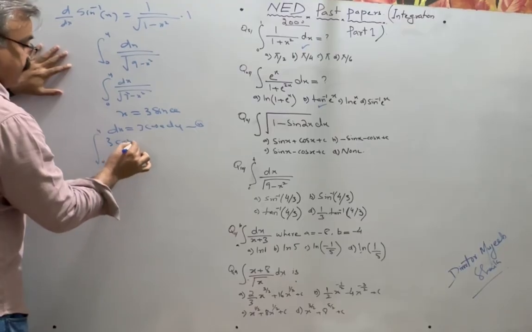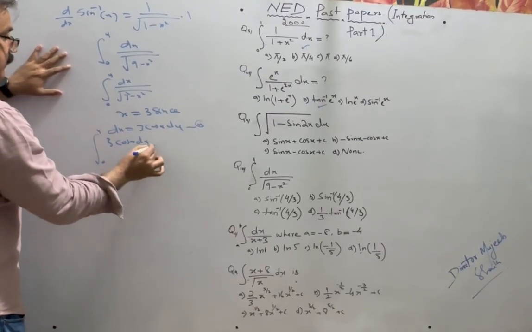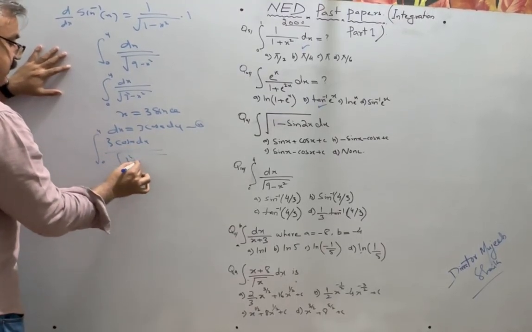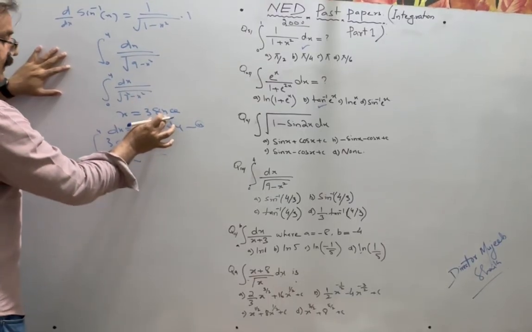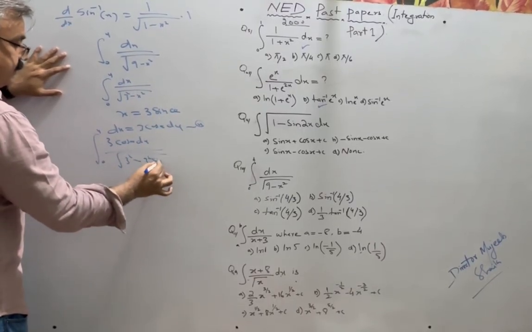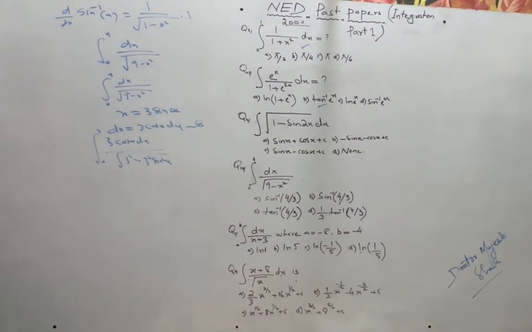3 cos theta instead of dx. It's our 3 square. Instead of x, I have 3 sine, so 3 square sine square is my magic substitution.